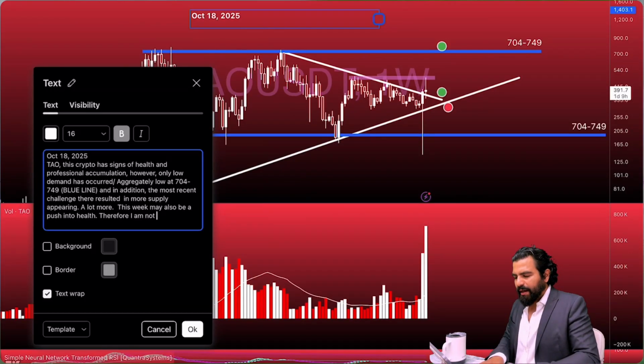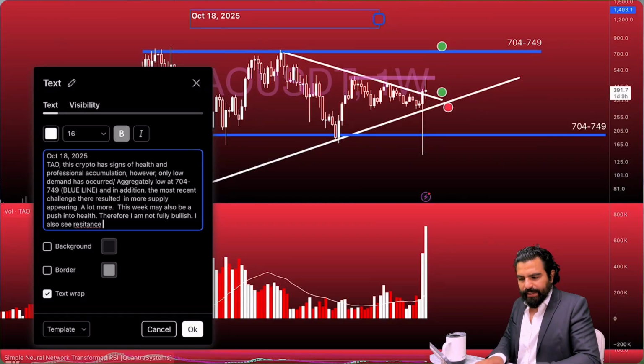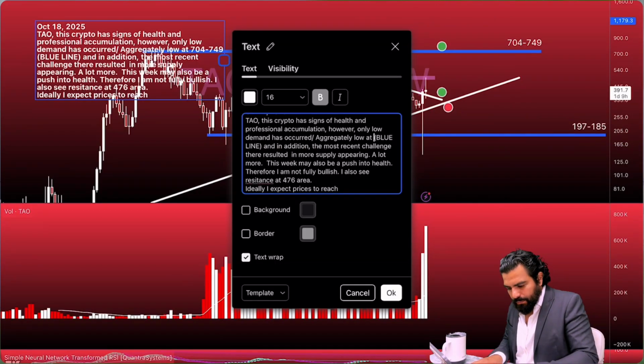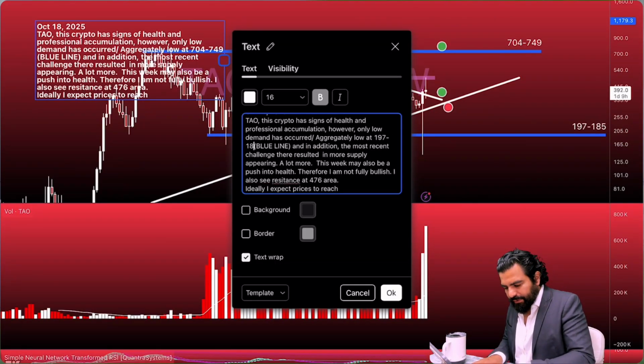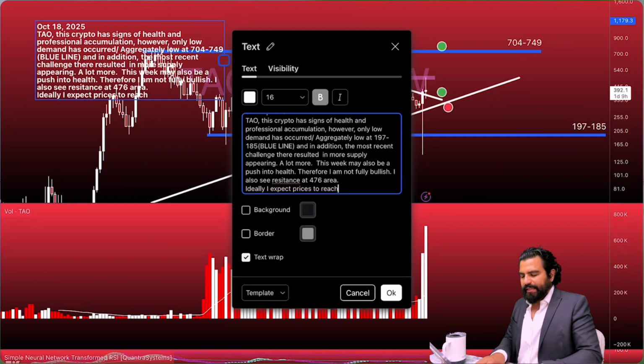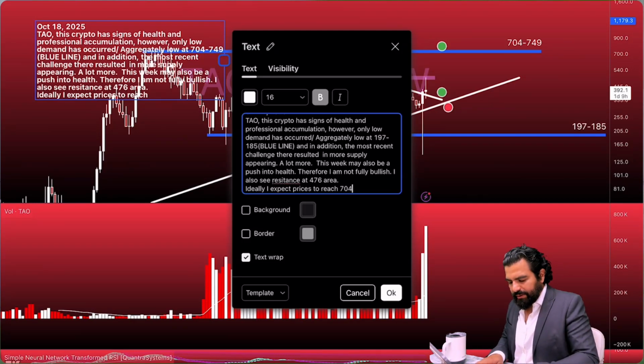Therefore, I am not fully bullish. I also see resistance at 197, 185. Ideally, I expect prices to reach 704 to 749.